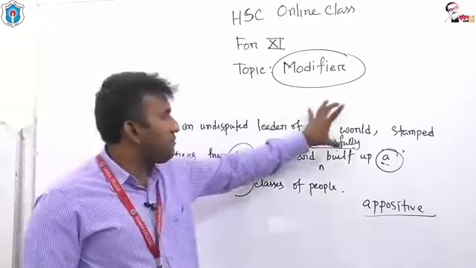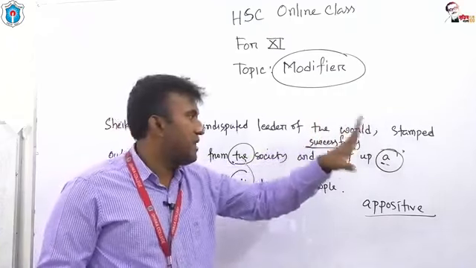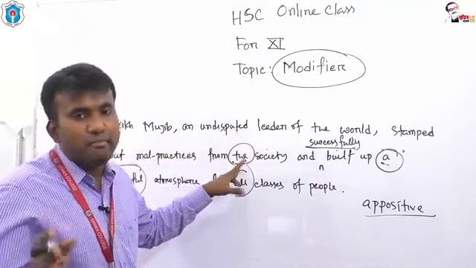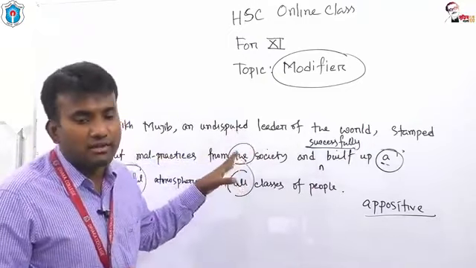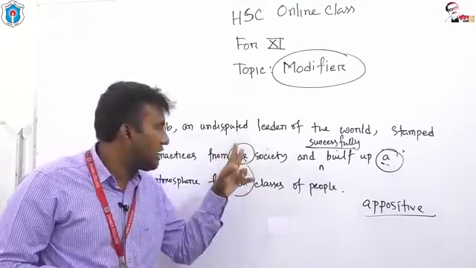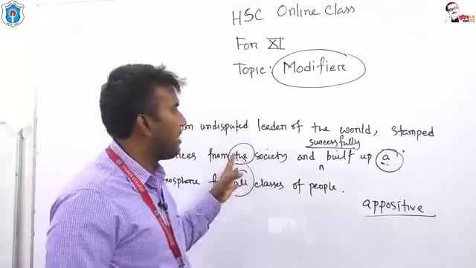An undisputed leader of the world is an appositive, and this appositive is used as post modifier. From the society, the is an adjective, but actually this is called determiner. Determiner is used here as pre-modifier.